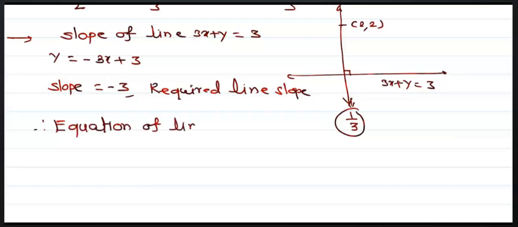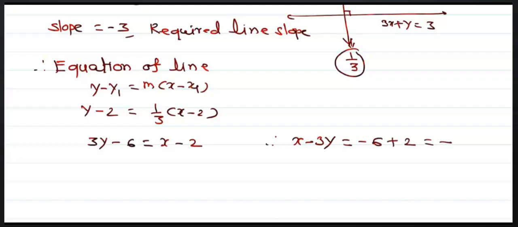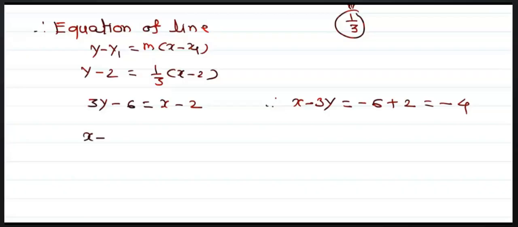Now the equation of line: y minus y1 is equal to m into bracket x minus x1. That is, 3y minus 6 is equal to x minus 2. Therefore x minus 3y is equal to minus 6 plus 2. Therefore x plus 4 is equal to 3y.